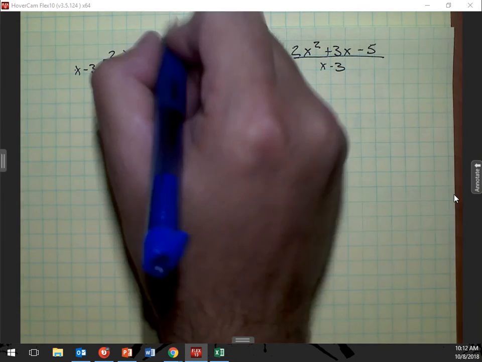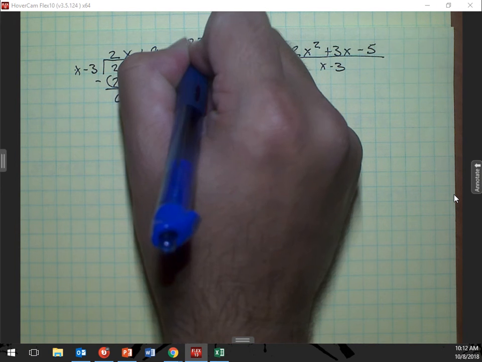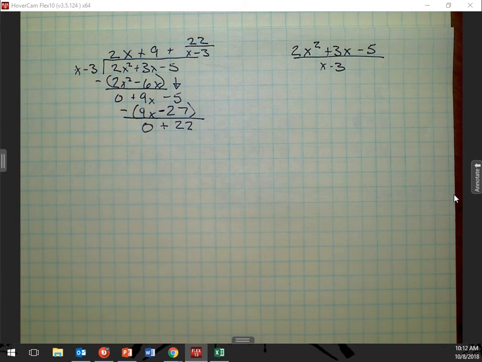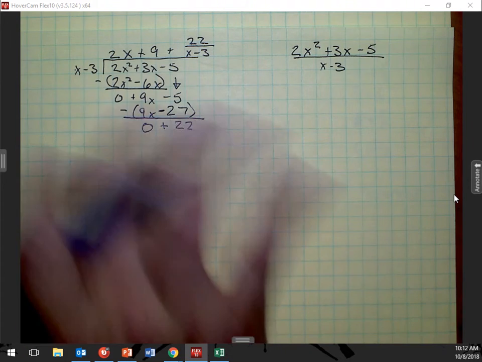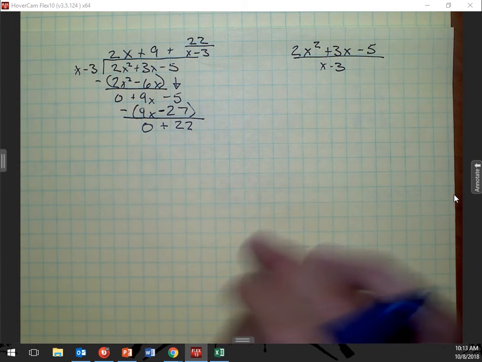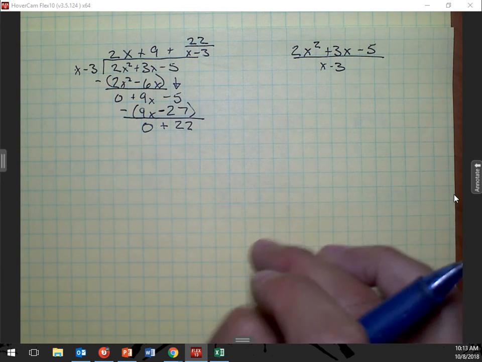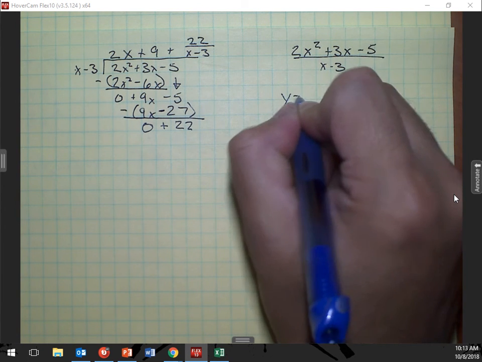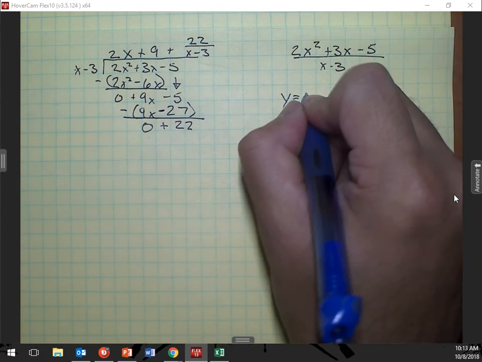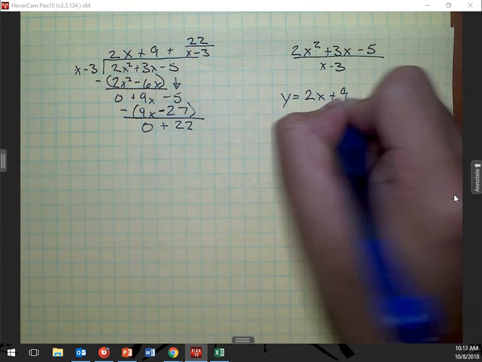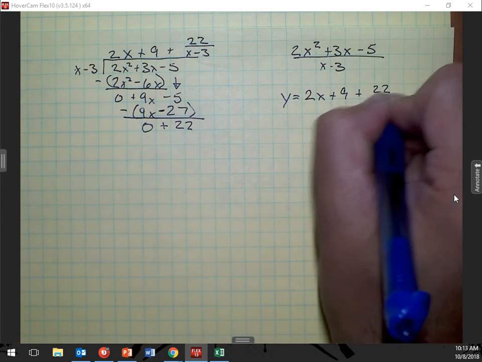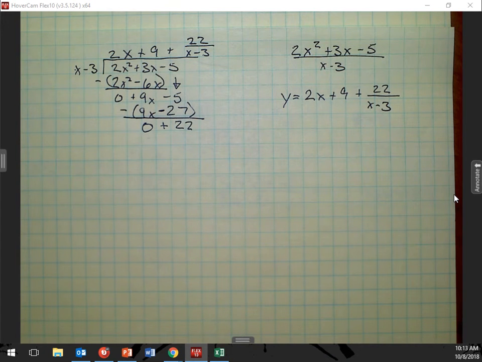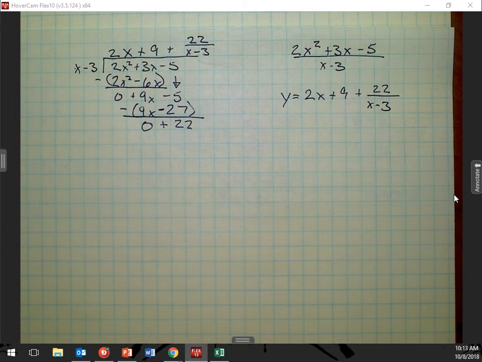And so it's going to be plus 22 over x minus 3. So my equation of my slant asymptote is going to be y equals 2x plus 9, plus 22 over x minus 3. So I have an equation of a slanted asymptote right there.